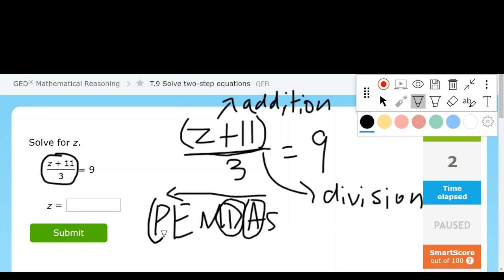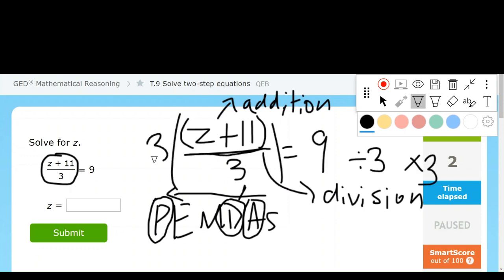Well, if you look at the reverse order of operations, parentheses comes last. What does that mean? Well, that means we have to deal with the division first. So what is the opposite of dividing by 3? Multiplying by 3. So we're going to multiply both sides by 3.